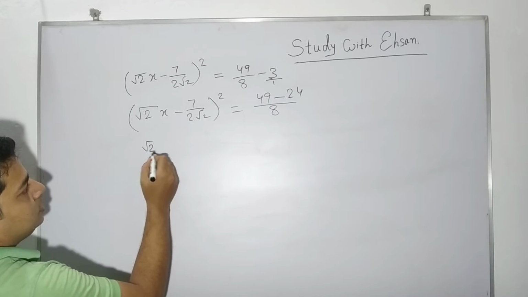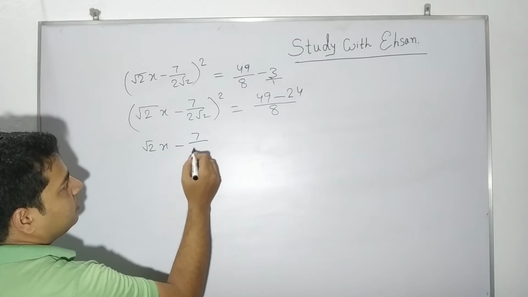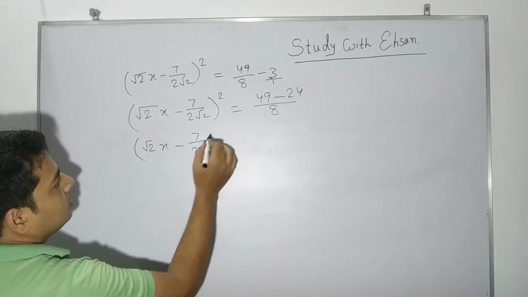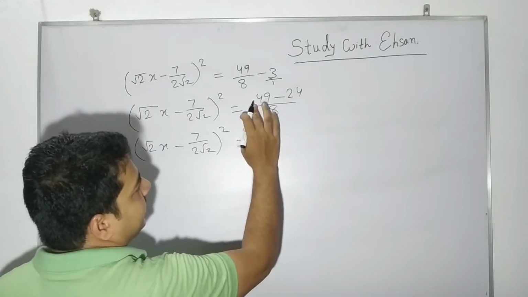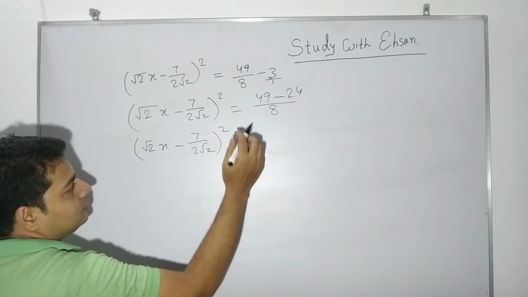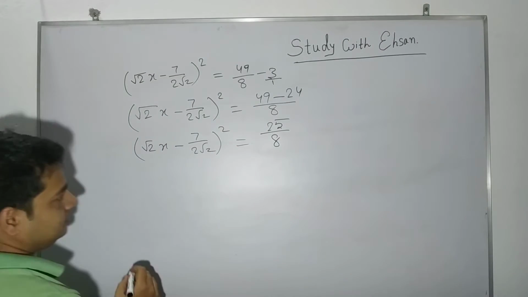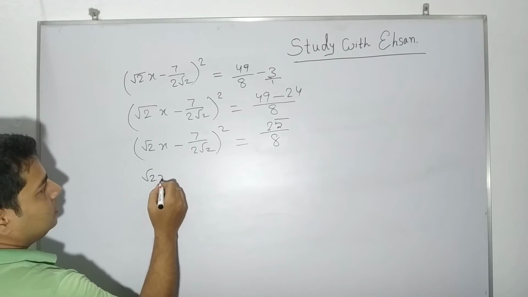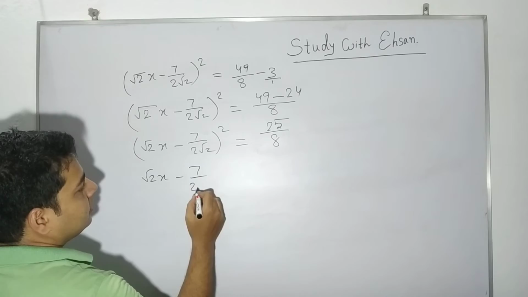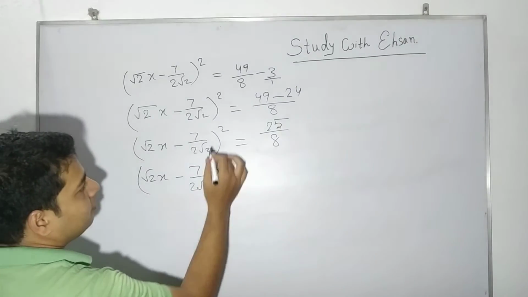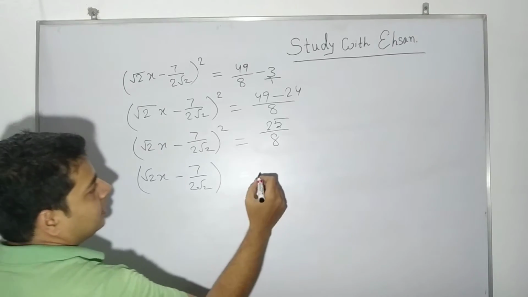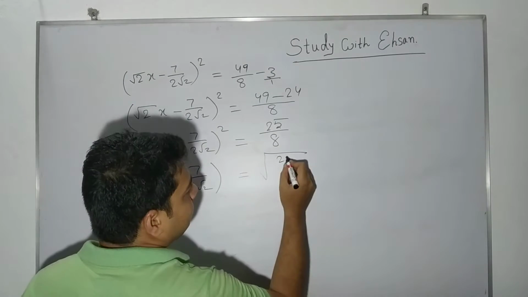Now (root 2x minus 7 upon 2 root 2) whole square, when you subtract 24 from 49, you will get 25 upon 8.